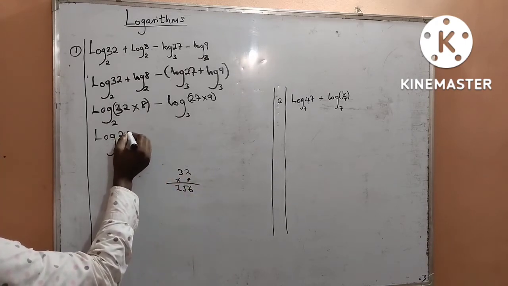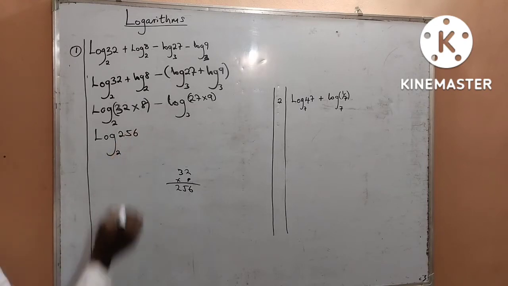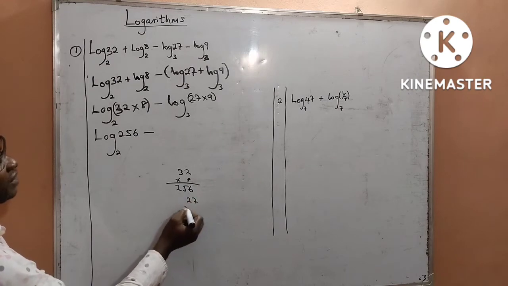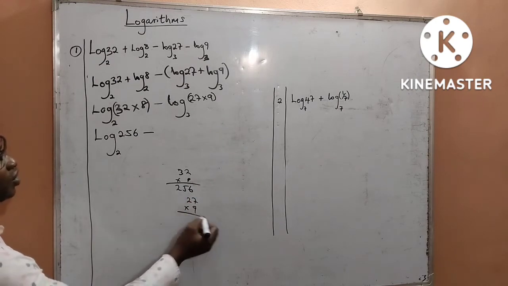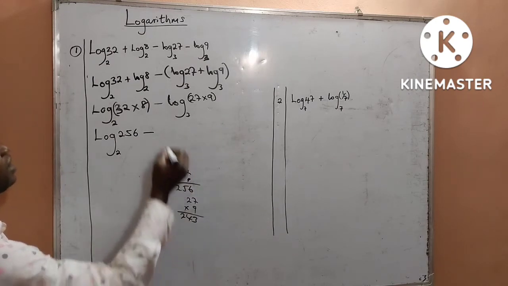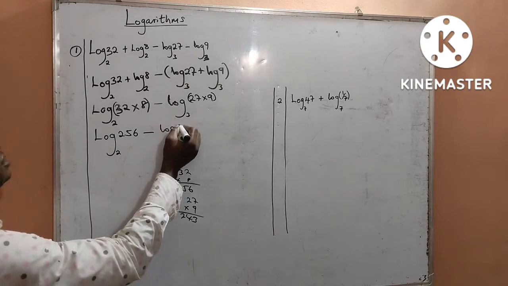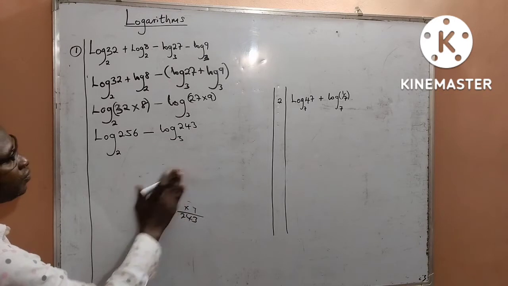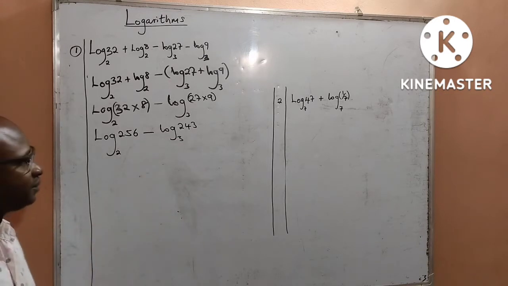So I will have log 256 to base 2, then minus 27 times 9, which gives me 243. So I will have log 243 to base 3. This is where I am now.